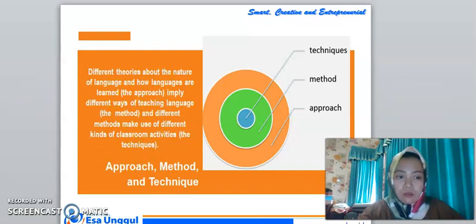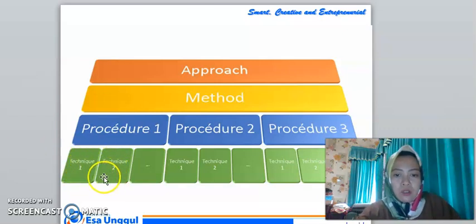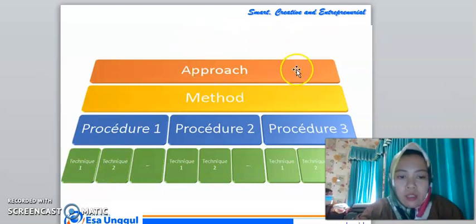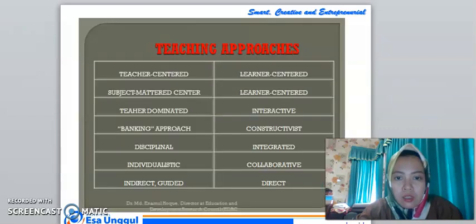So here is the conclusion. From this picture we can say the approach deals with the general philosophies of teaching. If we say the approach of our teaching methodology is the student-centered approach, like in the previous slide, one example of approaches is learner-centered.